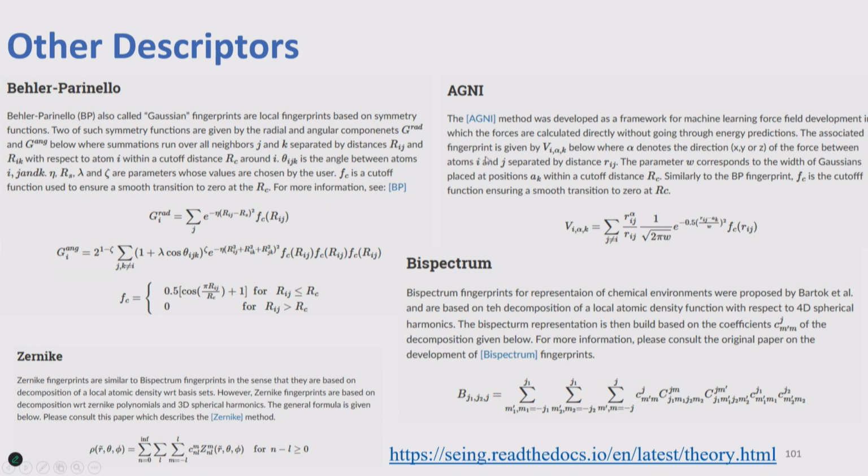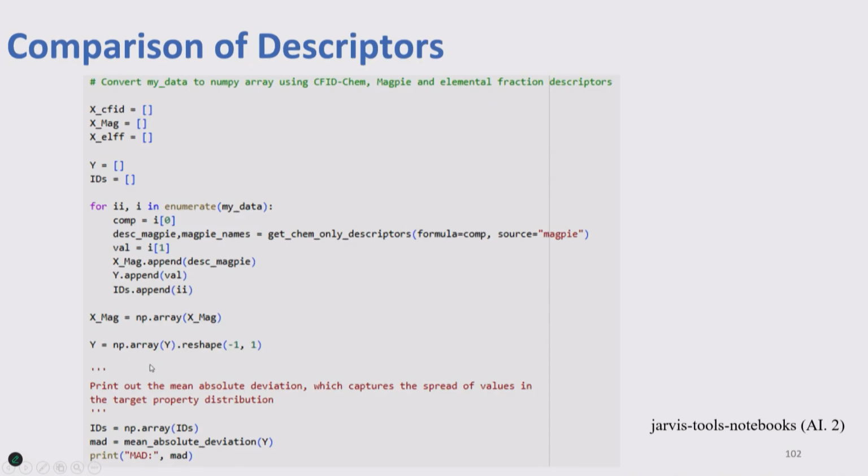Another is AGNI, and Rohit is one of the developers of this. There are others like bispectrum, Zernike, and many other types of descriptors as well. During our hands-on session, we'll compare the CFID descriptor, the MACE descriptor, and the element fraction for a training task.